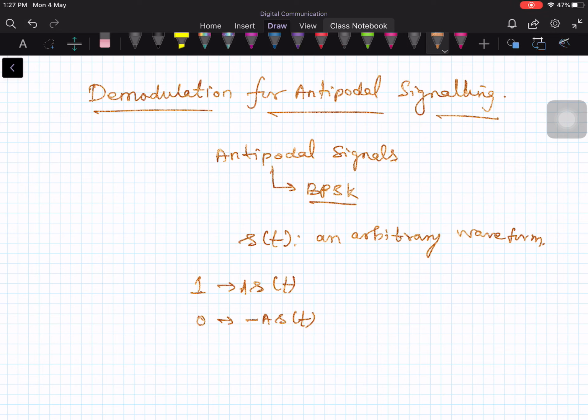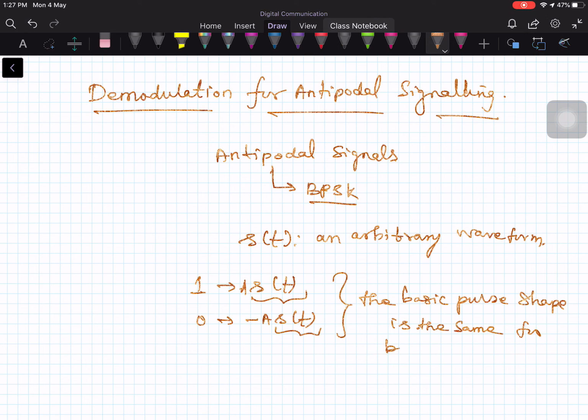That's it. But the basic pulse shape is same for both bit 1 and bit 0.